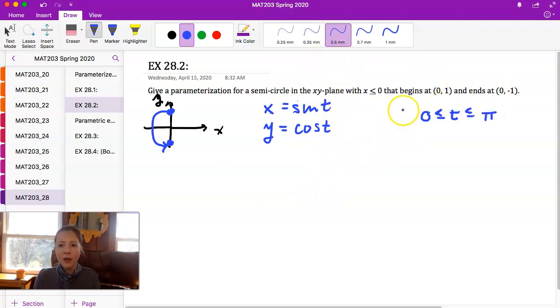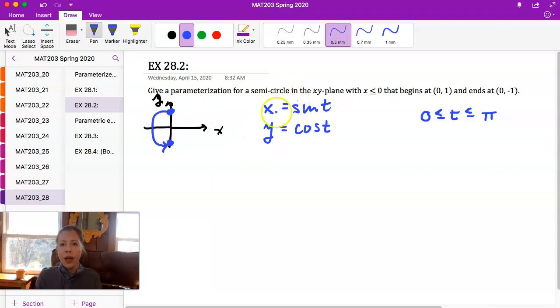So at time 0, if we wanted to start at (0, 1), sine of t is 0 for the x, that works. And then cosine of 0 is 1 for the y. Okay, that works out great. Then we want to get over to (-1, 0) for pi over 2.